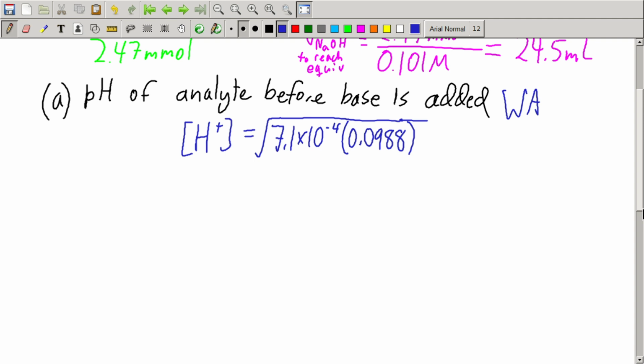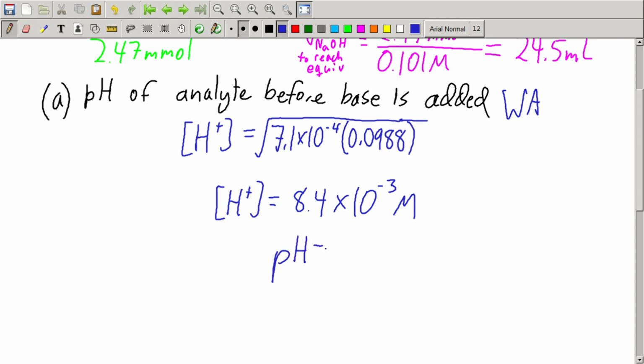What do we get? I'd think something times 10 to the negative third. Yeah. 0.0084. Yeah. There we go. And so all we have to do then is take the negative log of that, and we got the pH. 2.08. Okay. Yeah.